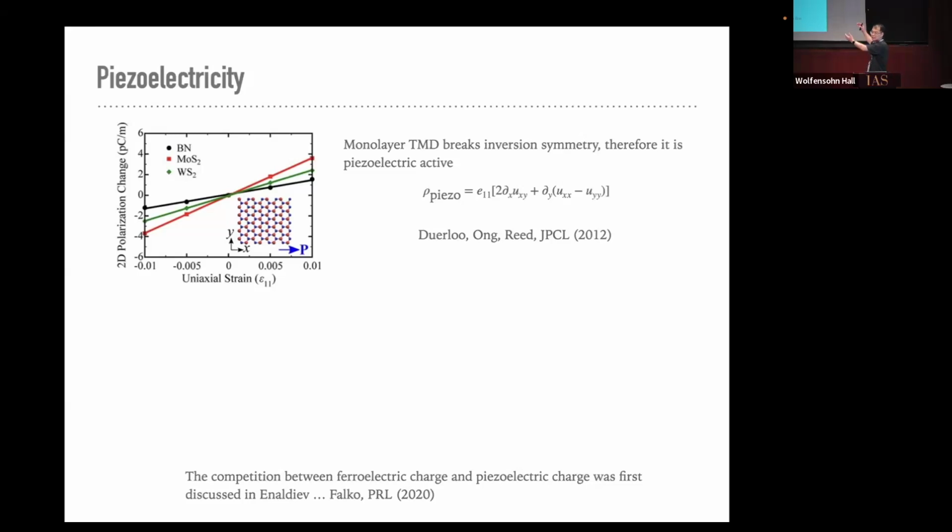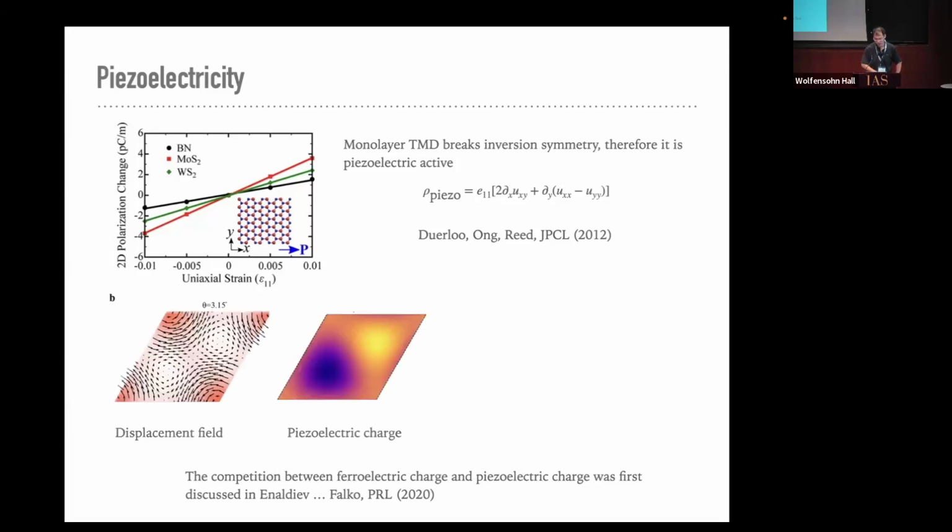But I have a lot of lattice reconstruction in the system. When you have a strain, you break the C3 symmetry, and then a dipole can develop. But the strain is highly non-uniform. So when I have a spatially dependent dipole moment, that gives you a piezoelectric charge.